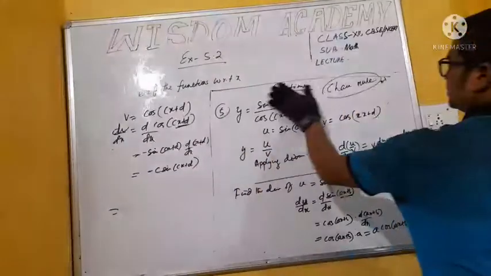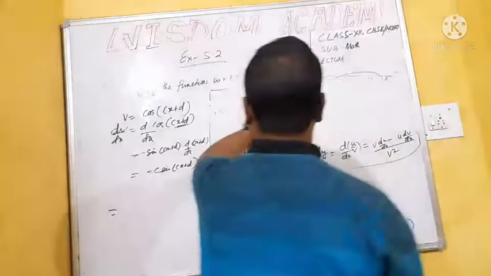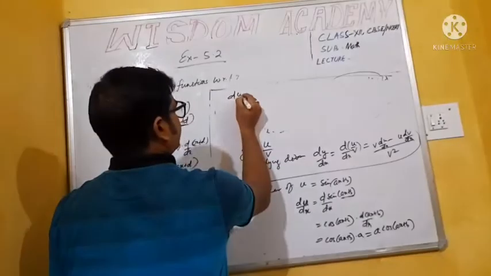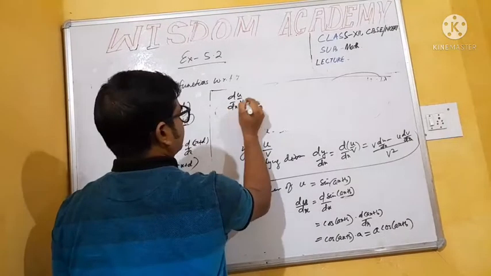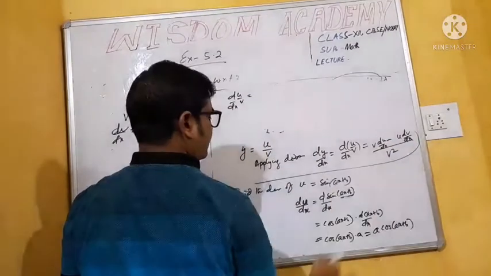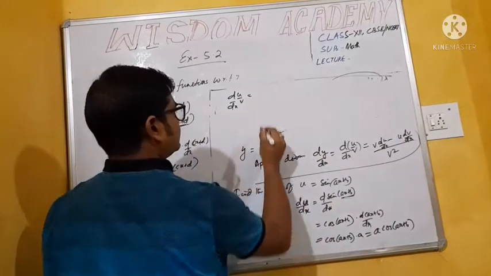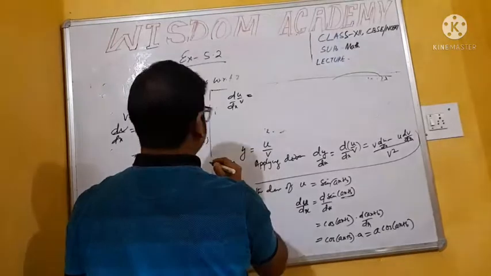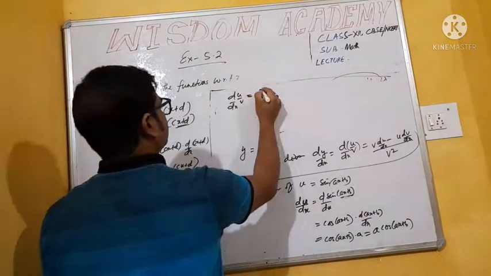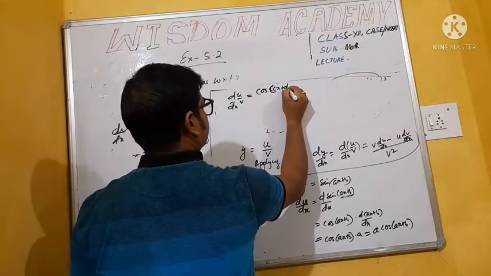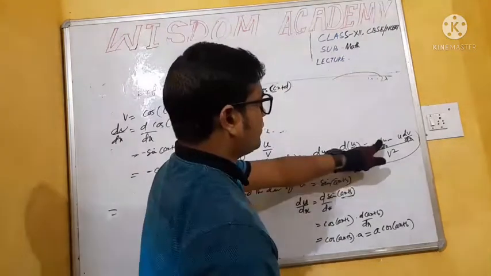You can write d of u by v with respect to x. v is outside of the derivative of u. v is cos cx plus d into the derivative of u.